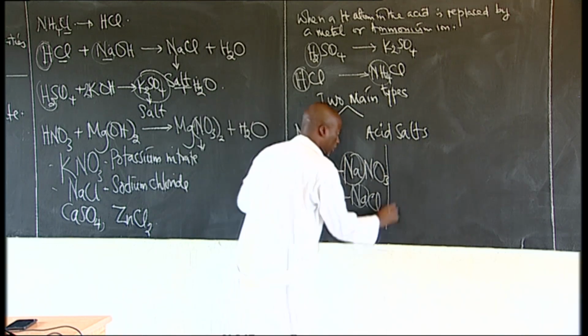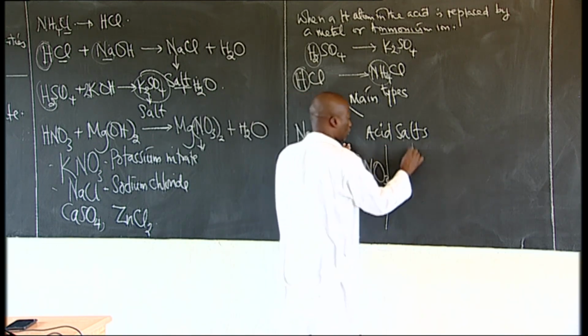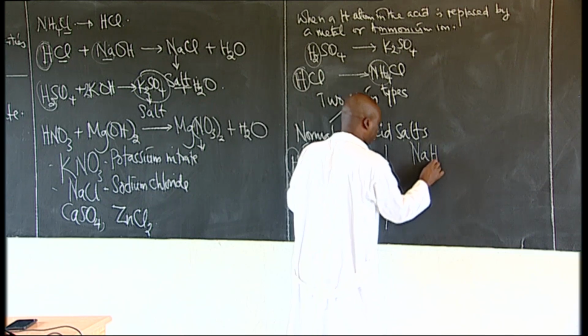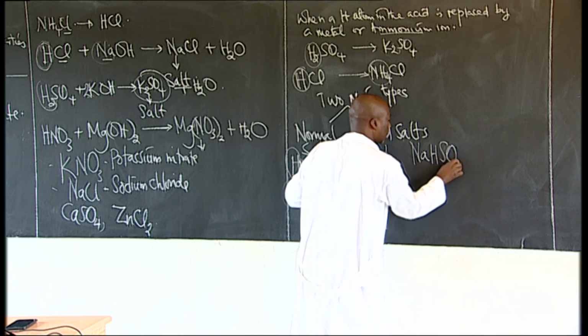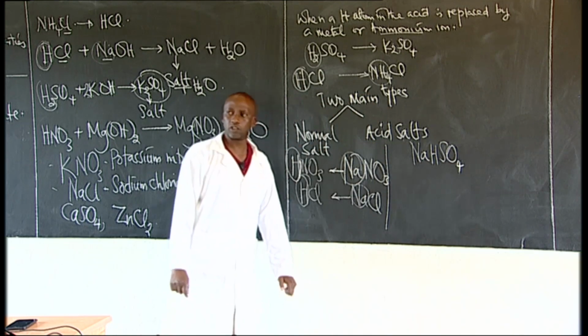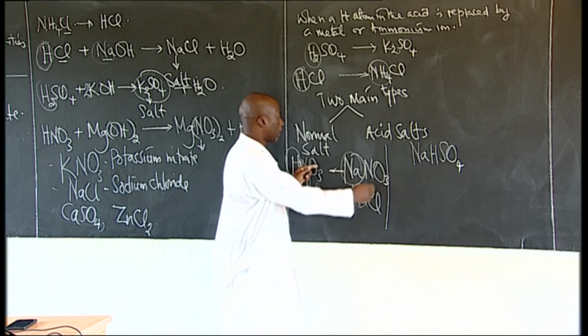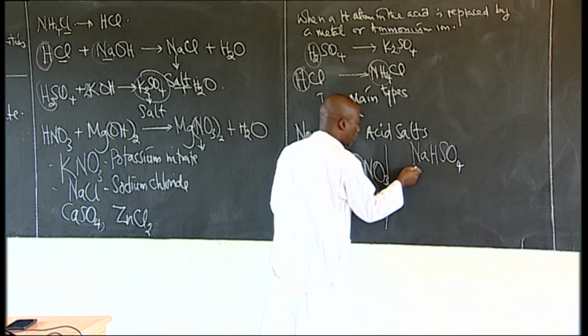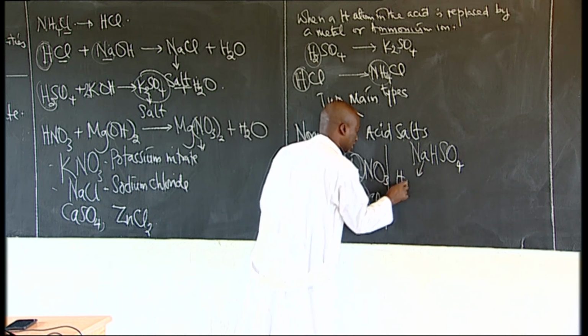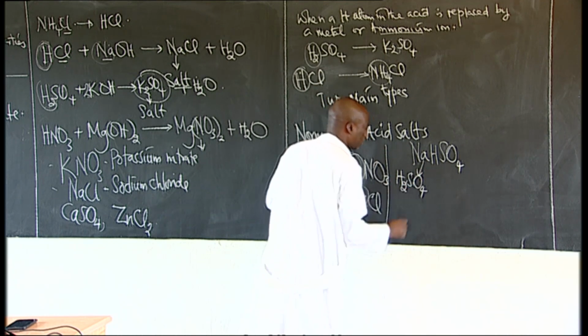So when we have these salts, now look at this example, sodium hydrogen sulfate. When you look at this acid salt, this one is formed from sulfuric acid, for example.